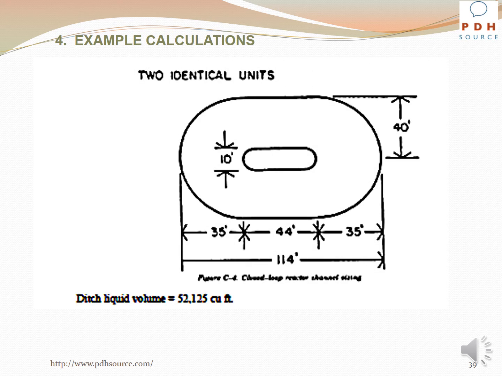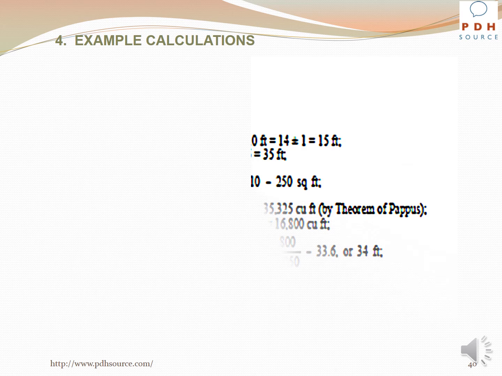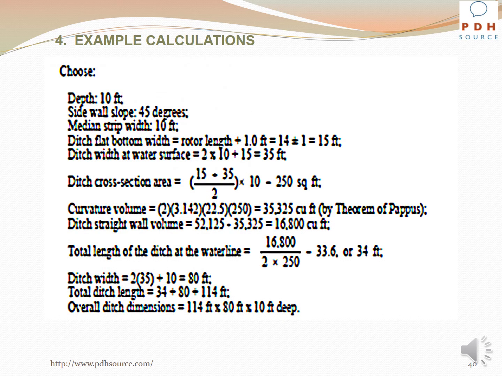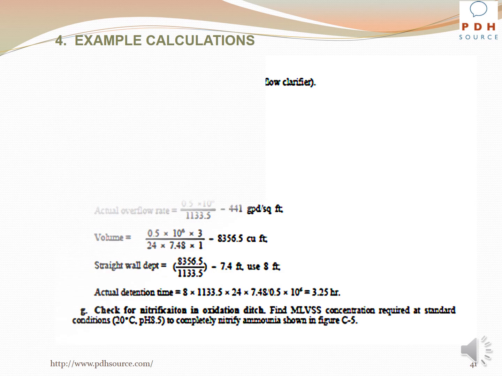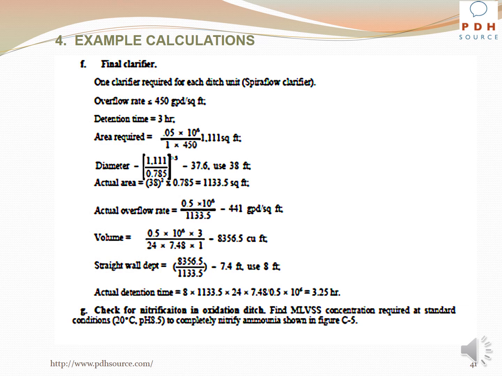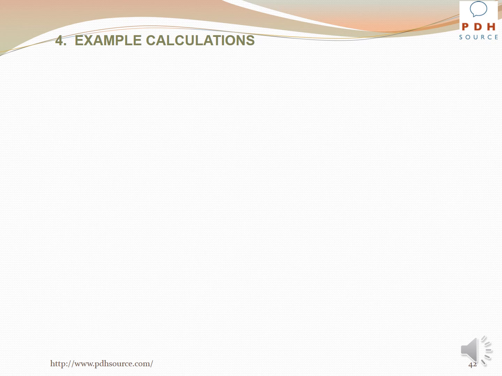And the illustrated calculations continue on this slide. And the example calculations continue. Final clarifier sizing calculations, and a check for nitrification in the oxygen ditch.